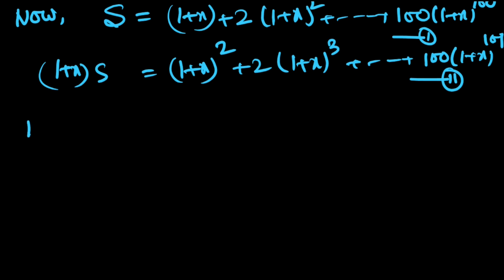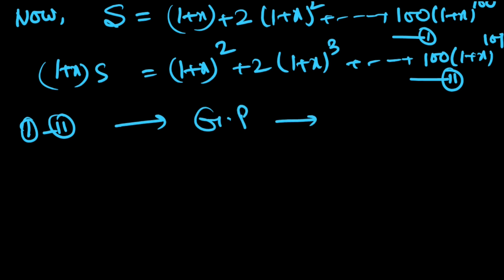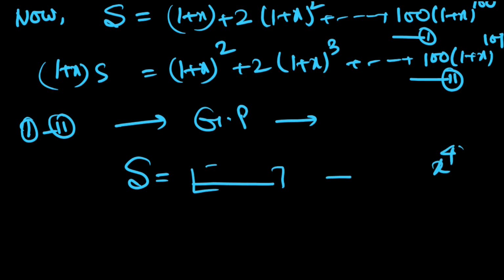We subtract 1 minus 2 and we will get a GP series, and using the GP series sum property we will find the sum of this S, and this is the nice form we get. We find the coefficient of x to the power 48, which is very easy to find in this process compared to finding the individual coefficients of the expressions.